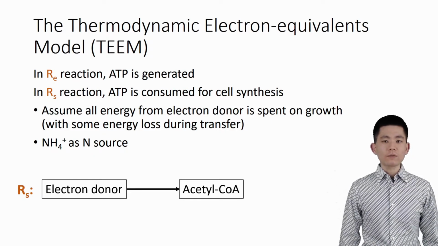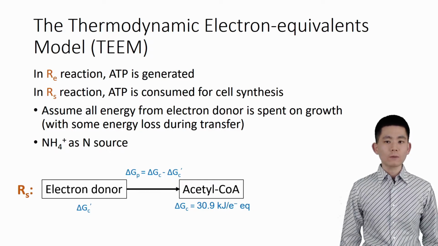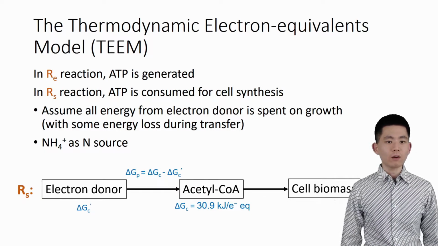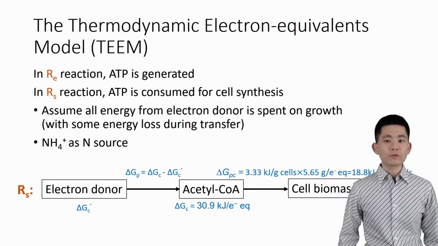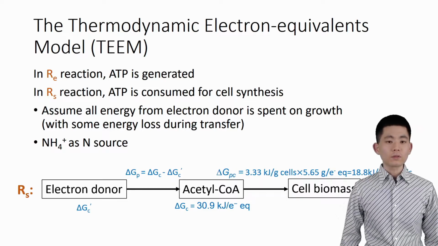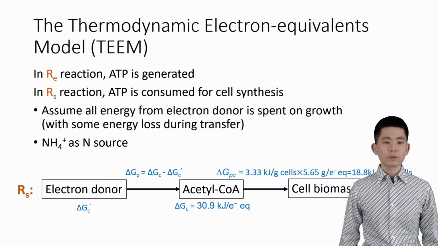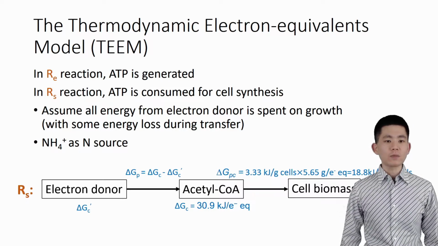The energy transfer of this step is delta Gp, which is the difference between the free energy of acetyl-CoA, delta Gc, and that of energy donor, delta Gc prime, which can be looked up in Appendix A in the RM book. Then, driven by the ATP generated in the Re reaction, acetyl-CoA is used to synthesize cells. The free energy change for this process is known for a given nitrogen source. Since ammonia is the nitrogen source in our example, delta Gpc equals 18.8 kJ per electron equivalent of cells.